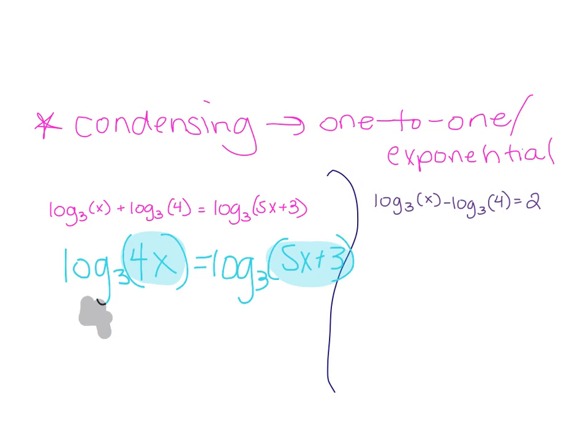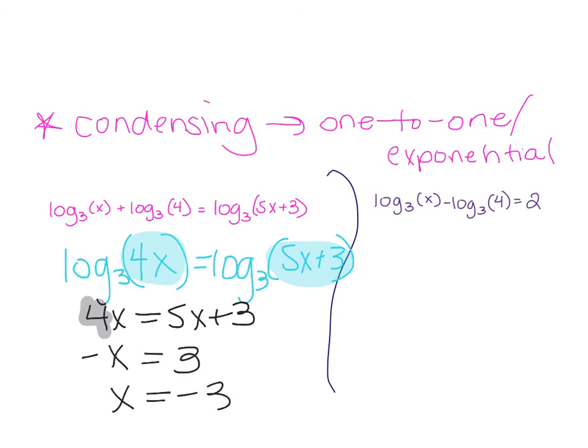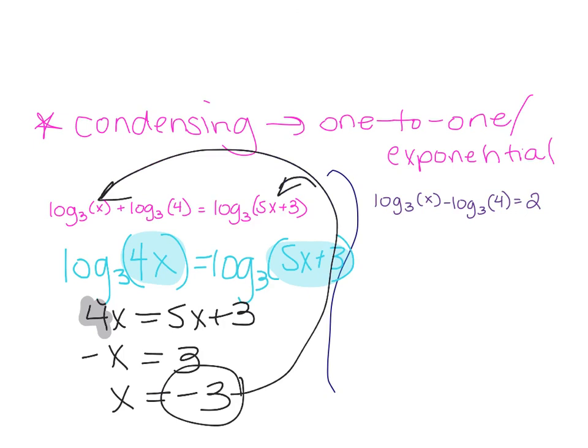So 4x would equal 5x plus 3, negative x would equal 3, and x would equal negative 3. This time, when I plug it back in to either here or here, I get a negative, which means I would rule this one out, and get no solution.